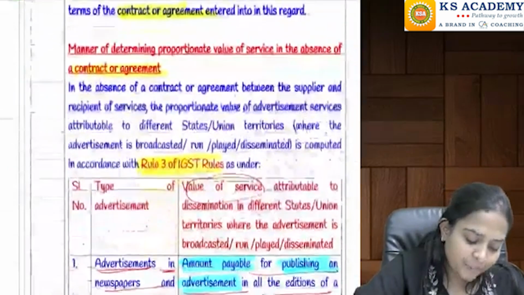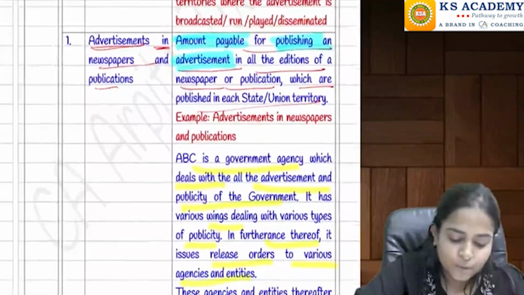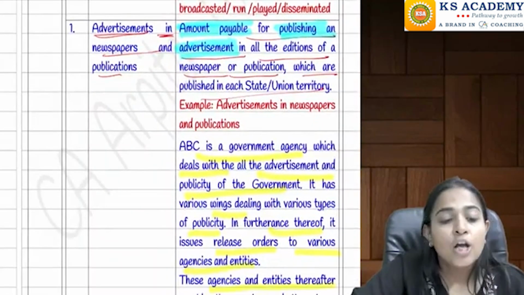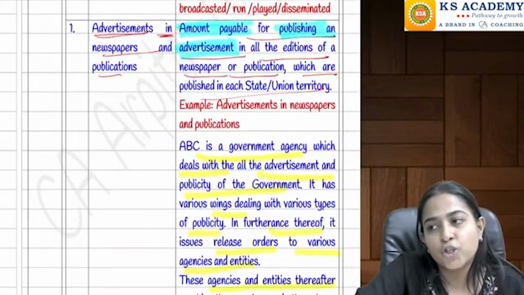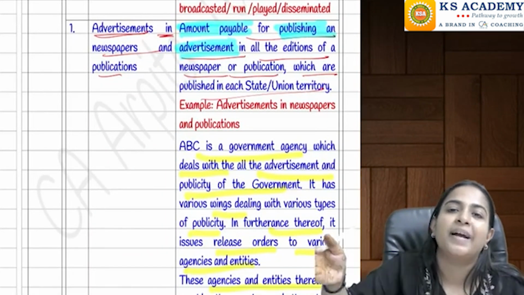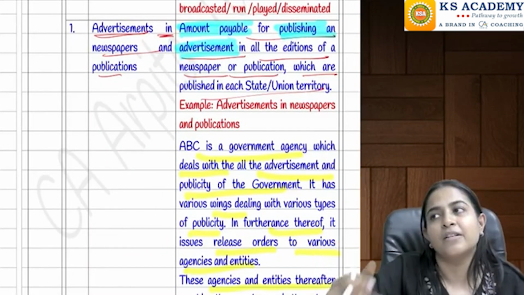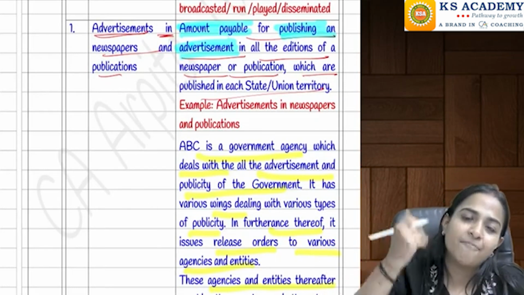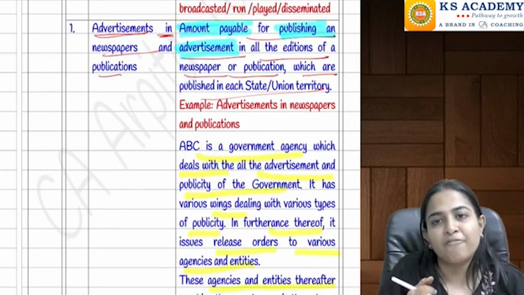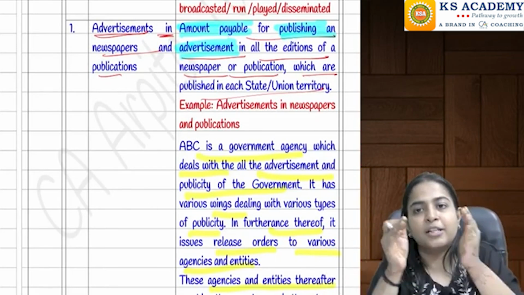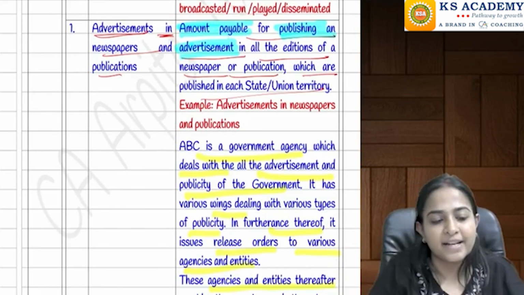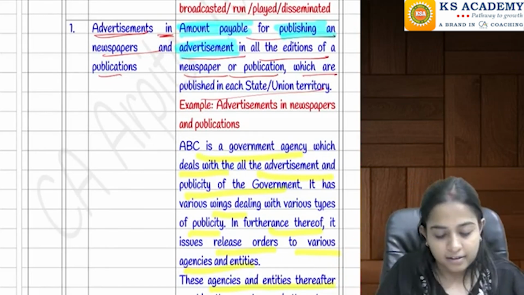If the advertisement was done in newspapers and publications, etc., it has to be divided in the ratio of the amount payable for the respective states. If we are providing the service to the government, the government would have paid us some amount for a particular state and some amount for another state. So on that basis, just divide the total amount.